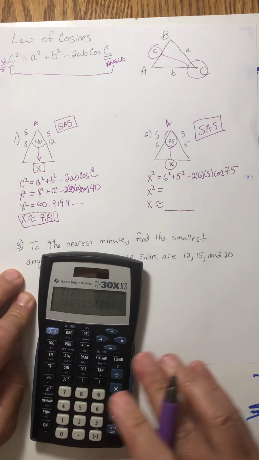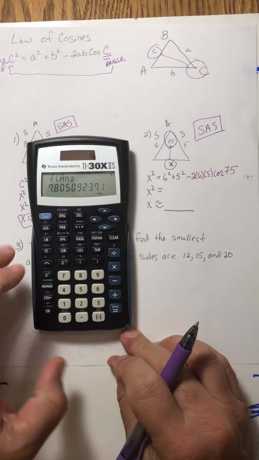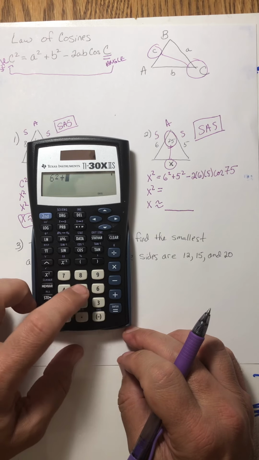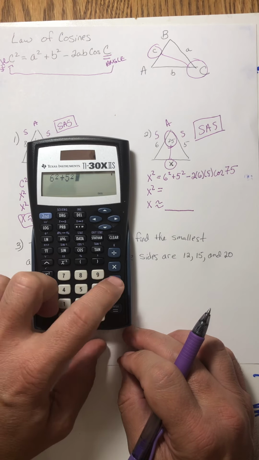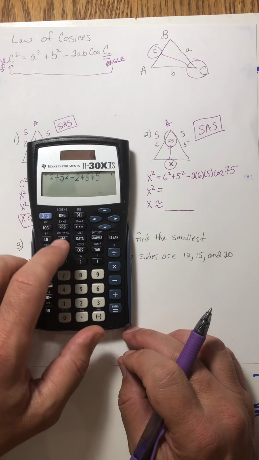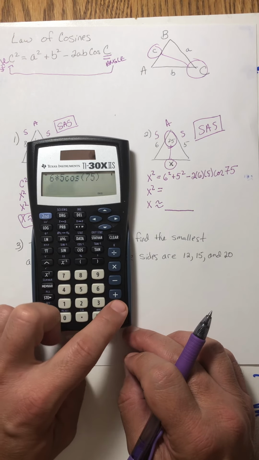So I'm going to get it all typed into the calculator. So I have 6 squared plus 5 squared minus 2 times 6 times 5 cosine 75. Hit enter.